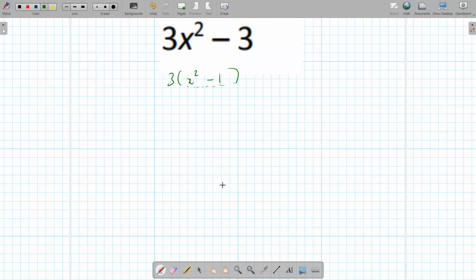It's a difference of squares. Because a squared is x squared, so a is x, and b squared is 1, so b is 1. Then you have 3, and you can use a minus b, a plus b. So x minus 1 times x plus 1.